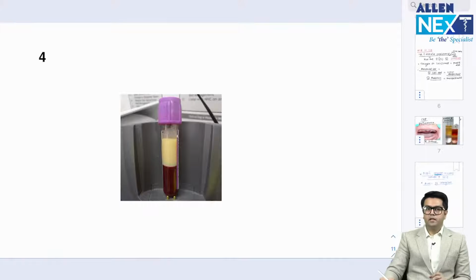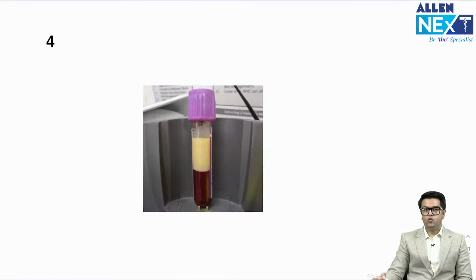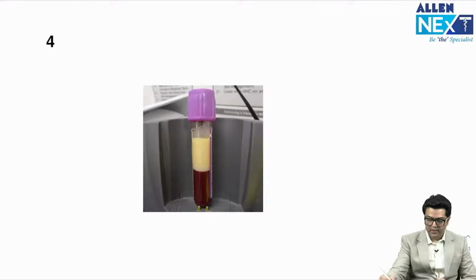Look at this figure that is probably known to you, right? Can you tell me, in the investigation, what will be the name of the lipid which is being accumulated? So what is the name of the lipid which is accumulated here? So the answer is chylomicrons. Clear? So suppose a child is presented with acute pancreatitis.